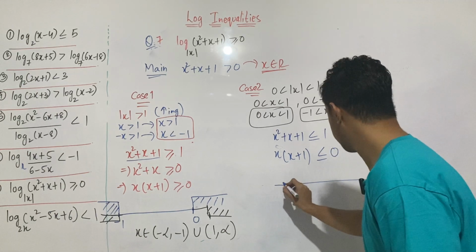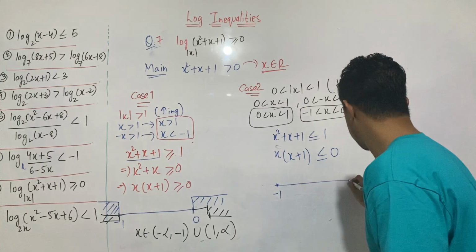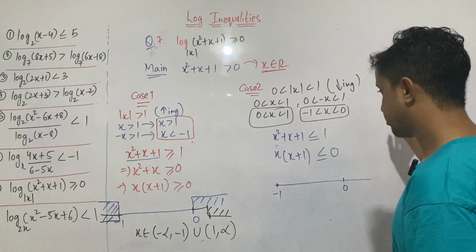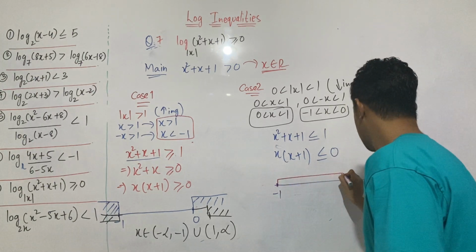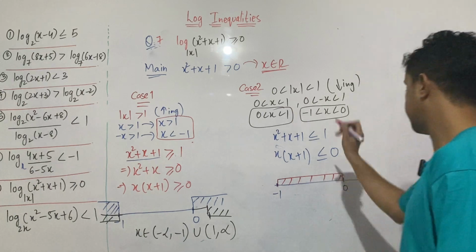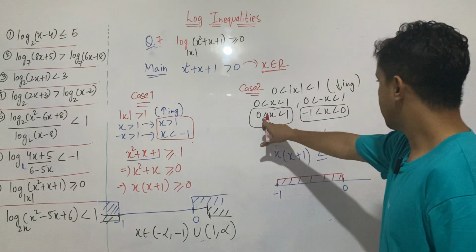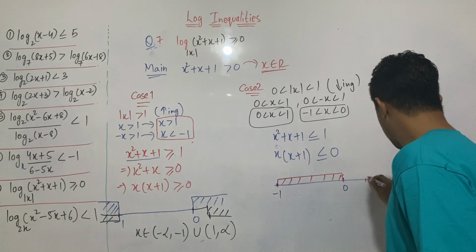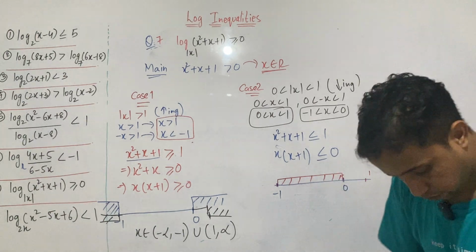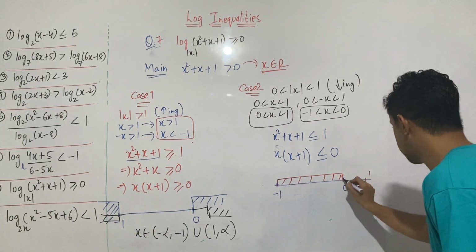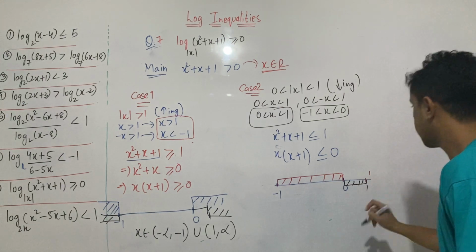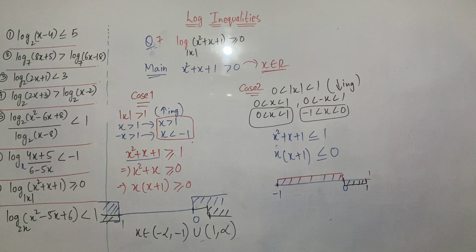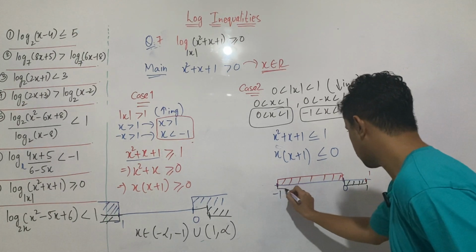So this is minus 1, this is 0, and it's going to be an upward parabola, so this region will satisfy the inequality. And then x is from 0 to 1, and here minus 1 to 0.